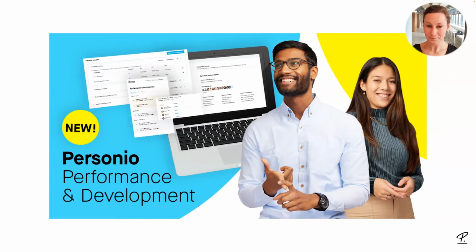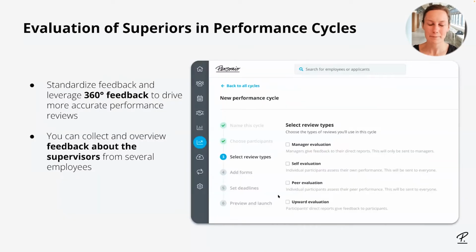All right. And then let's have a look at what was actually released. One of the bigger releases that was necessary to have a 360-degree feedback angle is the last evaluation here, the upward evaluation. This means that the selected participants of a feedback cycle, if they have someone in the org chart underneath them, will also give feedback from below.